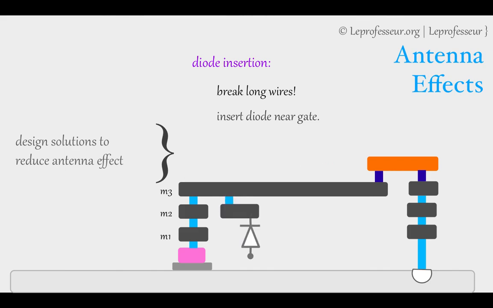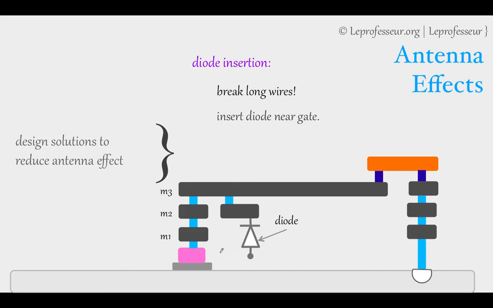How can we do that? Very simply, put a diode near the gate. So whatever extra charge is built up on this line is getting a path to sink, and it will not be accumulated here.